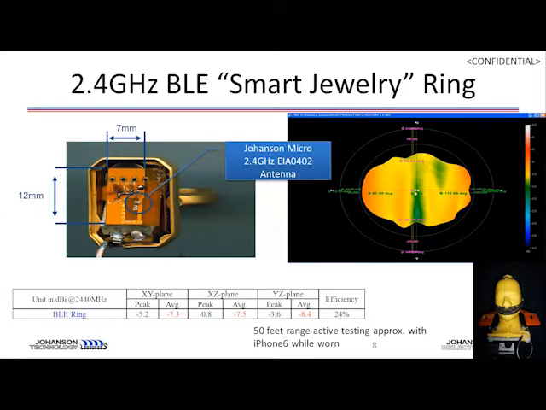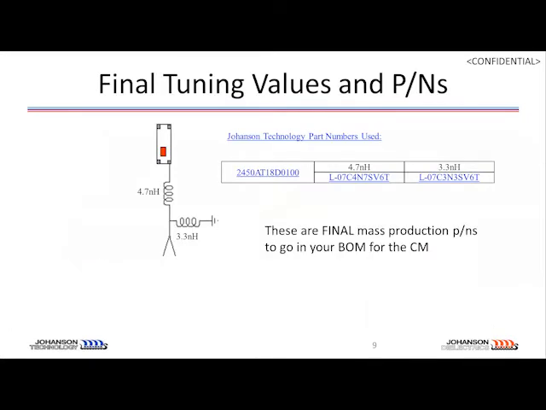We have different methods to subject your prototype to, and it will give you a 14-page report of what we found: obviously the gain and efficiency results, and, most importantly for you as what to put in your final BOM, the part numbers that will be used to tune the antenna.